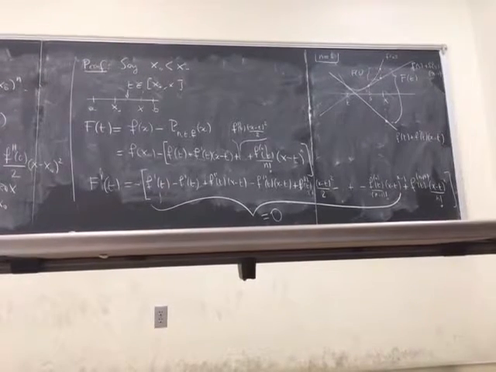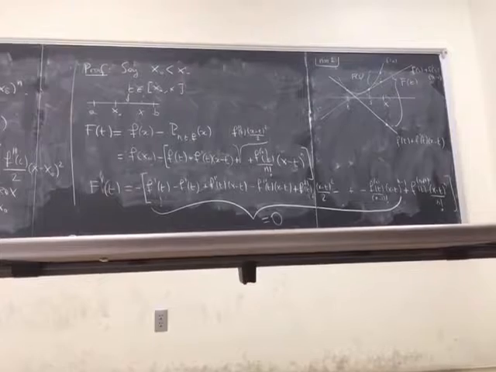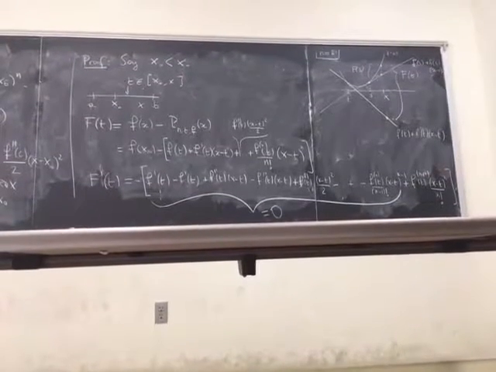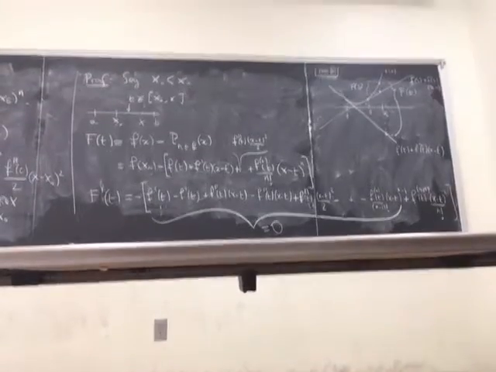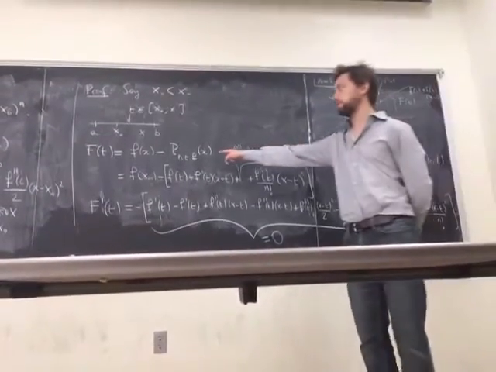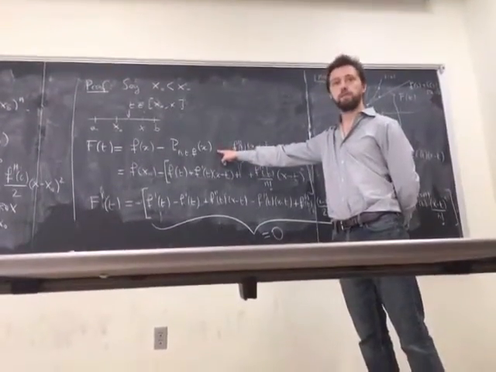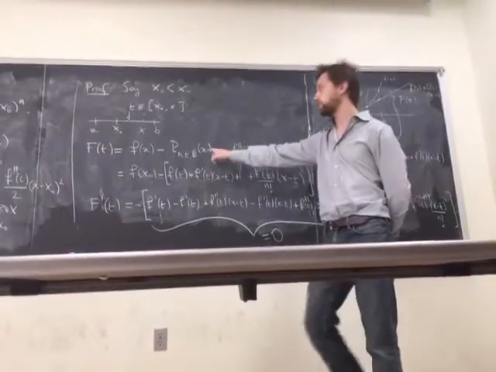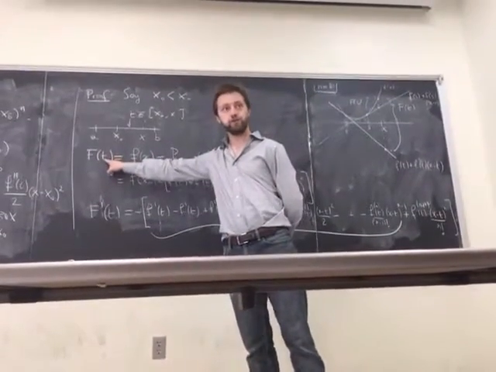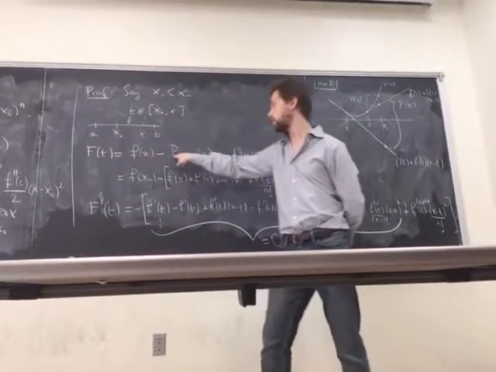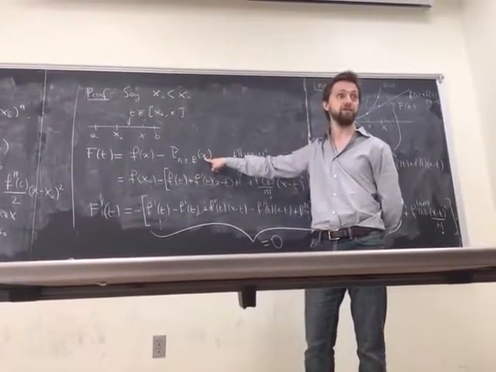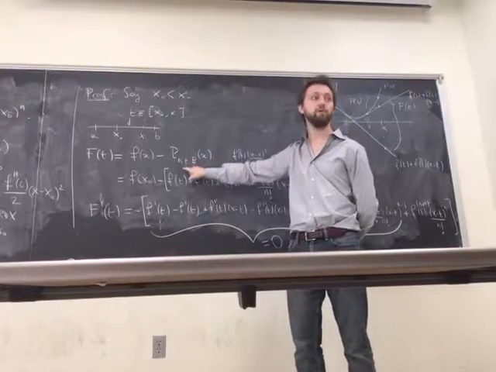So the bottom line is that if you define f of t as the difference between f of x and the Taylor polynomial of order n at the point t of f, definition here. So you see it's curious because the function is a function of the variable t, and f of x doesn't depend on t, and the Taylor polynomial at x doesn't depend on t here, but it depends on t as the base point.